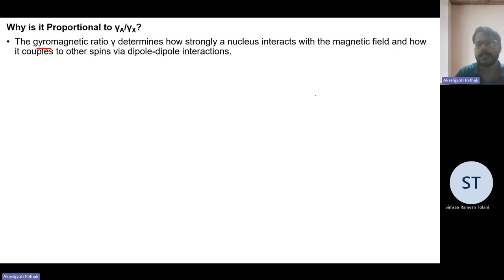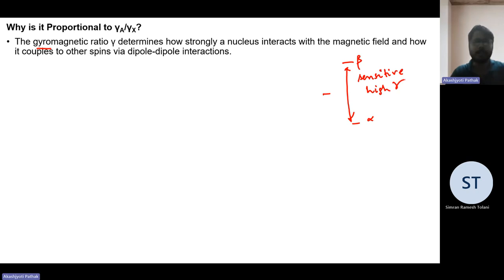In that case, we see that nucleus to be very sensitive, because the energy difference between the higher spin state and the lower spin state is significantly higher in nuclei with high gyromagnetic ratio.